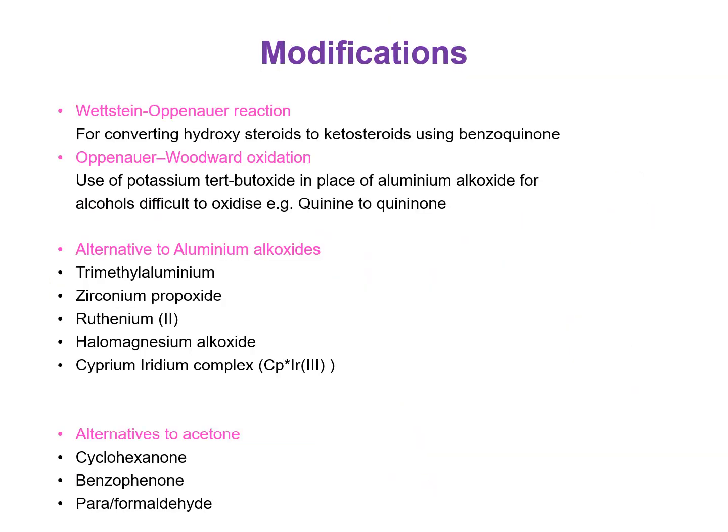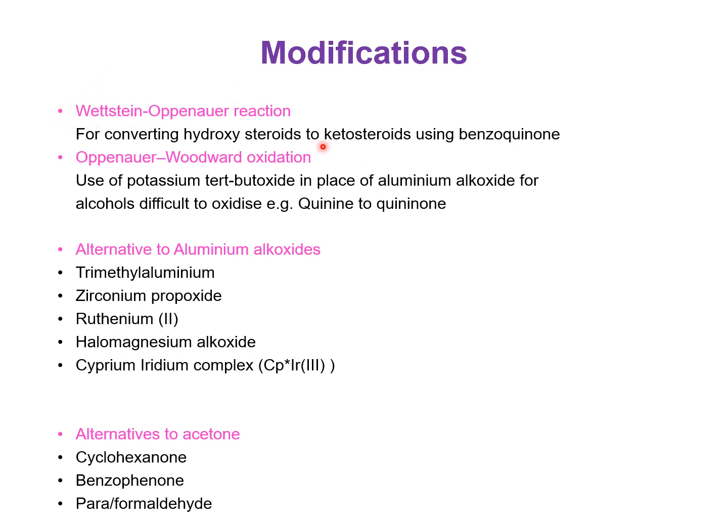Soon after this reaction was discovered, there were a lot of modifications which took place. So the Wettstein-Oppenauer oxidation and Oppenauer-Woodward oxidation are two important modifications which were named after the scientists who were involved in these modifications.